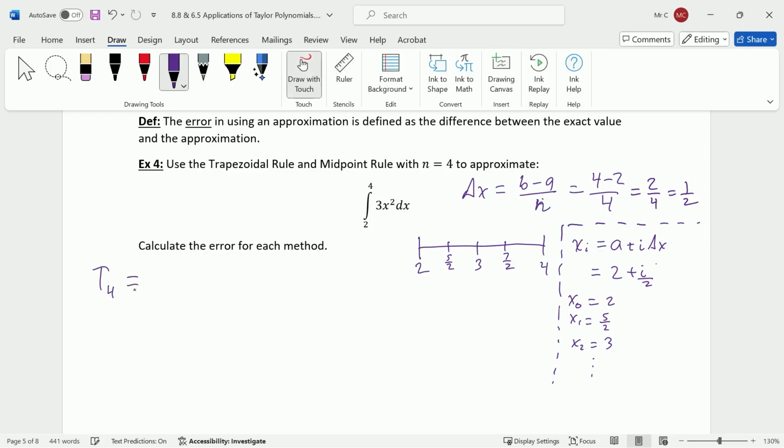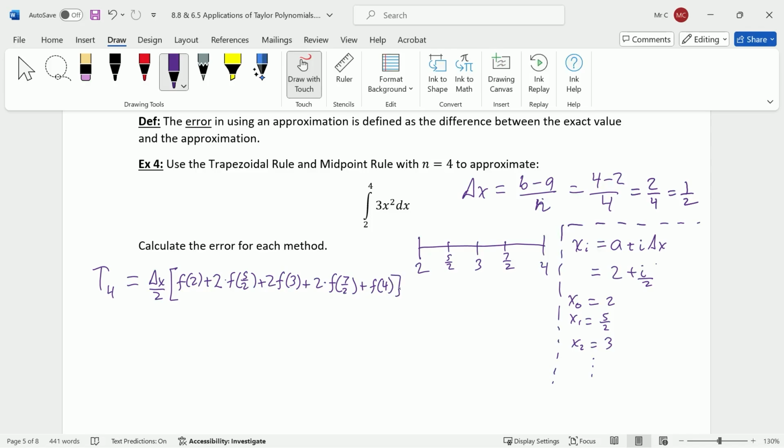So T sub 4 is delta x over 2 times, and I'm looking at each endpoint of my subintervals here. So I start with f of 2 plus, and then I double f of 5/2. And I double every other function value at these interval endpoints until I get to the last one, which is just f of 4.